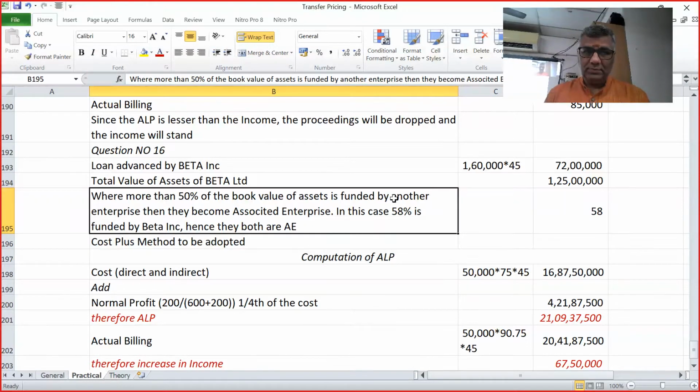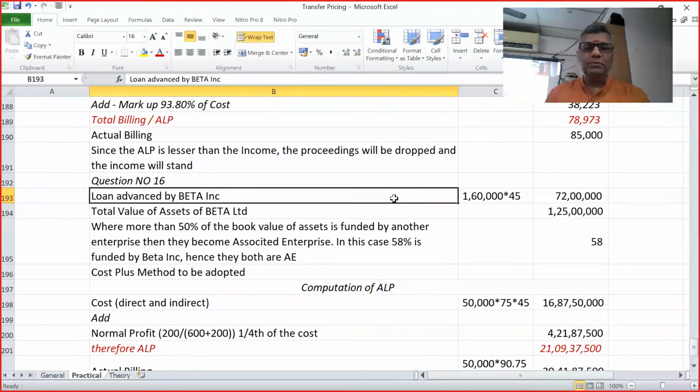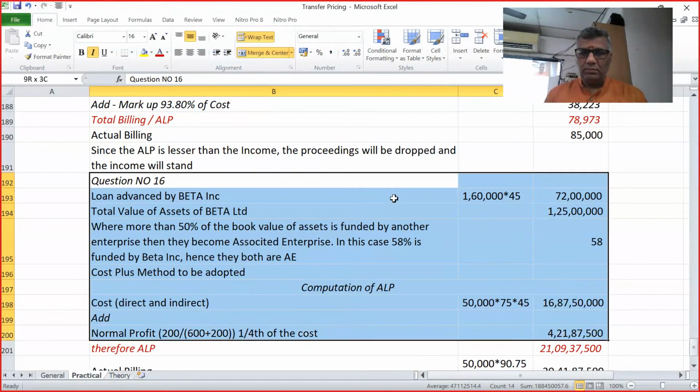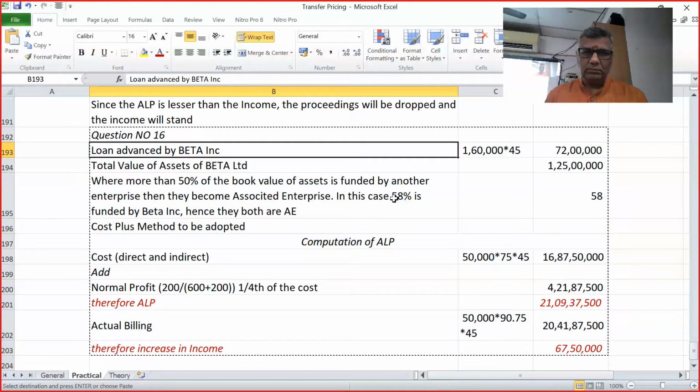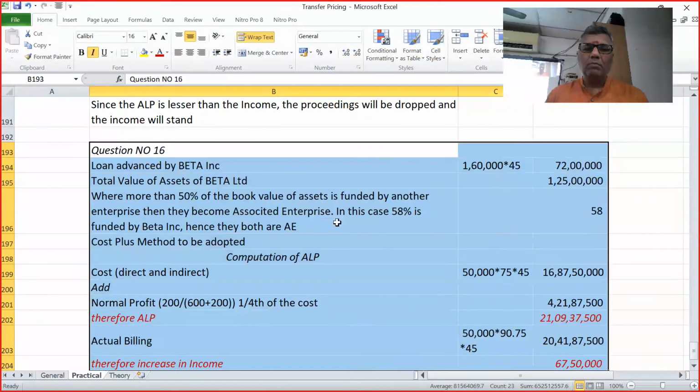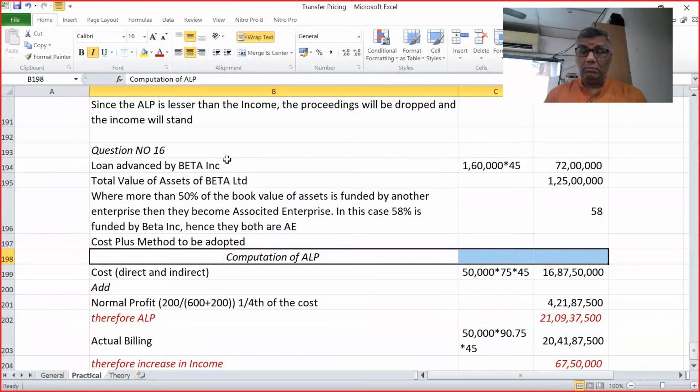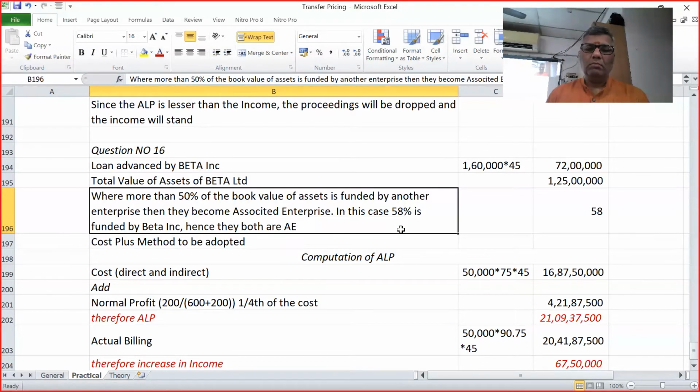Answer. In terms of value, சொல்லு. என்னடா ராஜா?